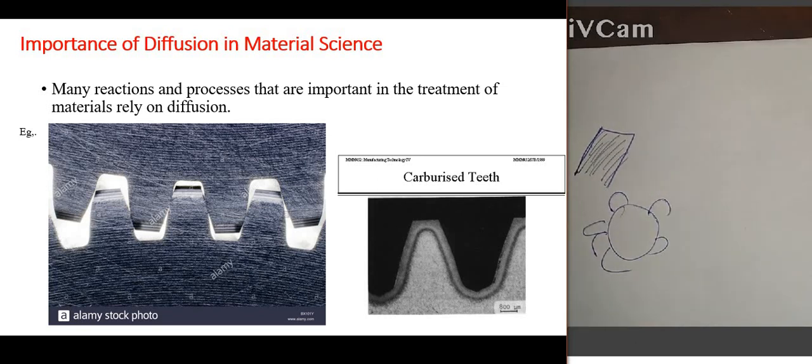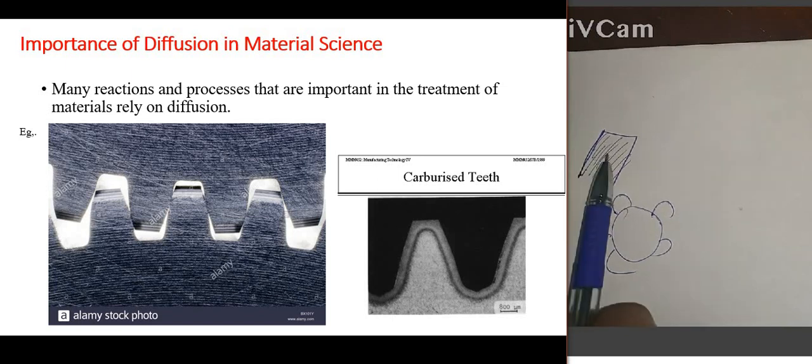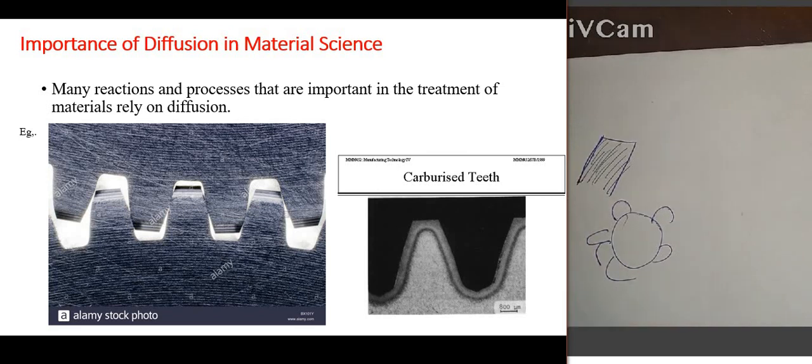We have to provide a very hard tool for machining. Using this very hard tool, the machinability, that means the easiness of machining from raw material to a gear, will be difficult, and the cost of machining will also increase. That is the disadvantage of using a very hard surface or hard material for making this gear.